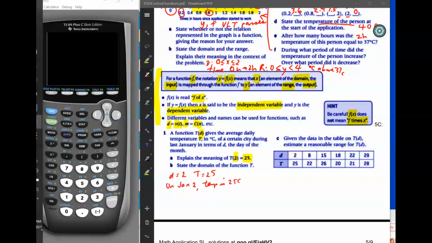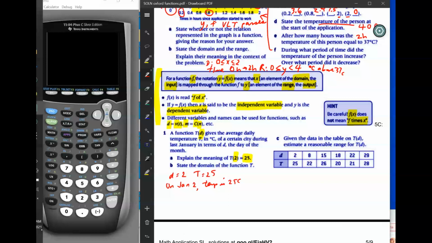State the domain of the function T. Okay, so this is a problem where you don't have the graph and you are doing it from some other information providing format. Let's do it from the context. So the domain, remember, is the days in January, right?